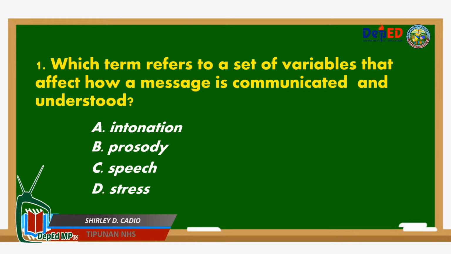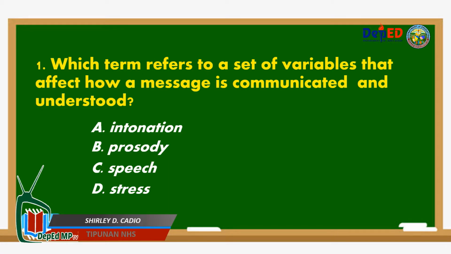Number 1. Which term refers to a set of variables that affect how a message is communicated and understood? A. Intonation. B. Prosody. C. Speech. Or D. Stress.